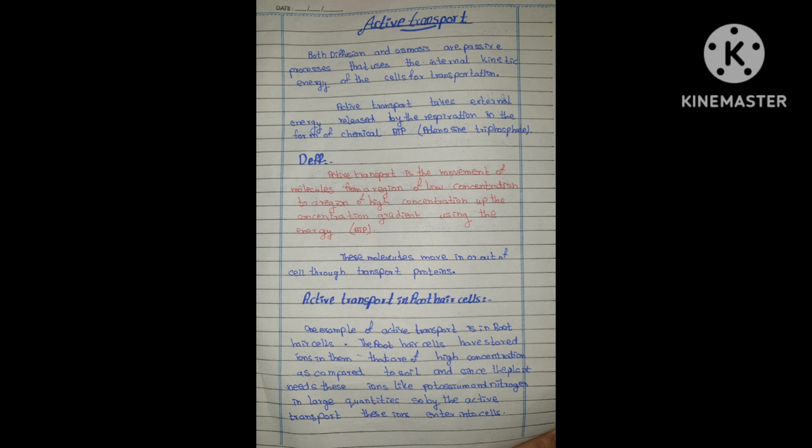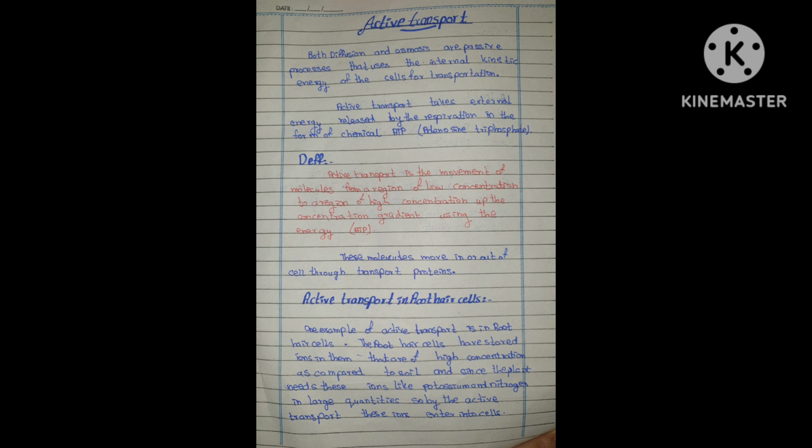This basically means the movement of an ion from an area where it is present in a small amount to an area where it is present in a high amount. It is the opposite of diffusion.